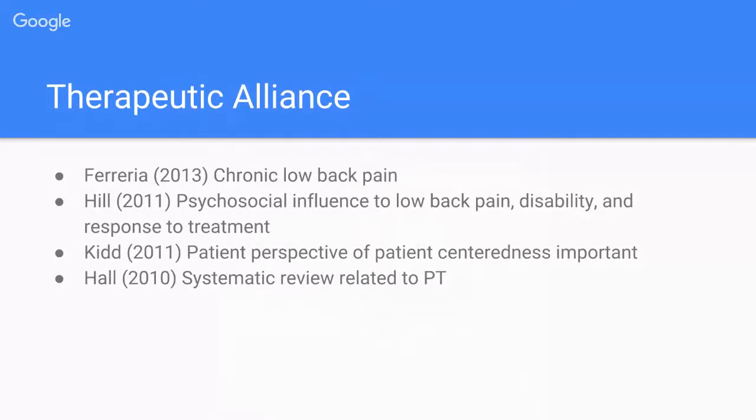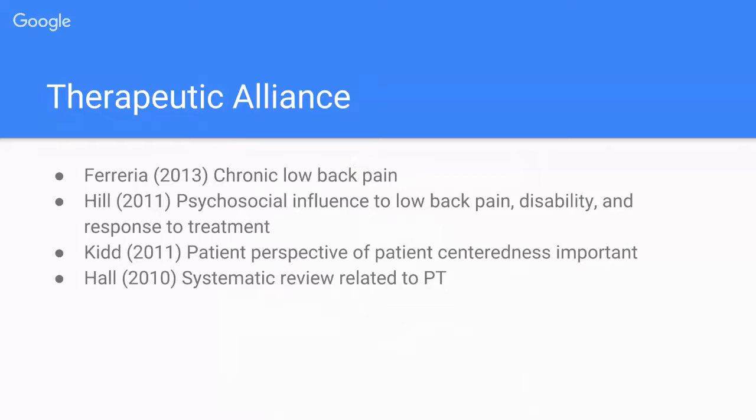And then finally, I just want to gently touch on this, the therapeutic alliance is important. In the subjective exam, you're going to build a lot of rapport. You're going to make that patient feel welcome. And the therapeutic alliance is this thought that if your patient likes you, and you have a great relationship with your patient, they will actually feel better.